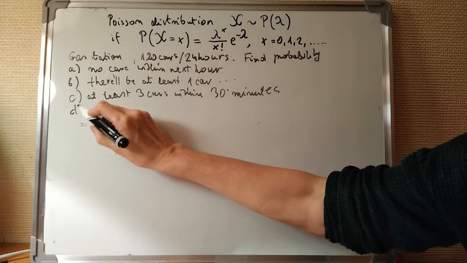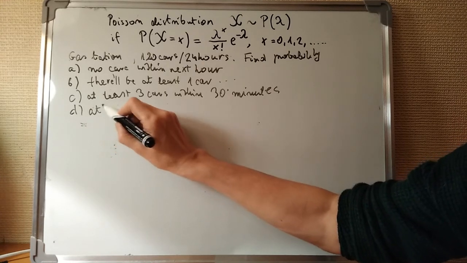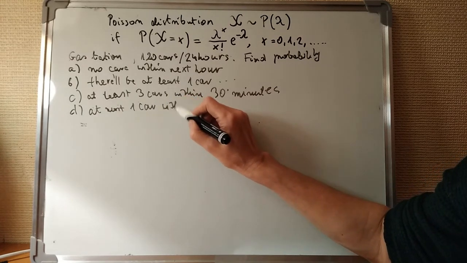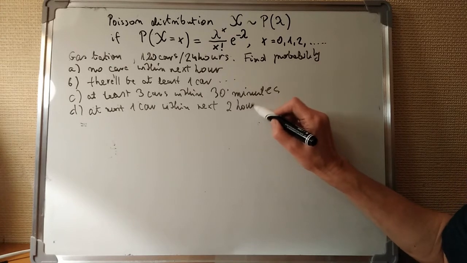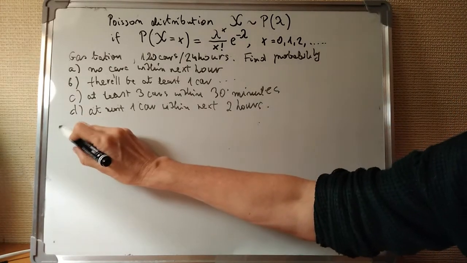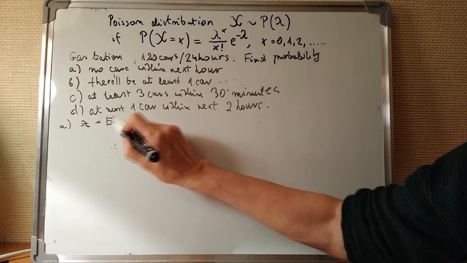So we have a different period of time now. D: at most 1 car within the next 2 hours. Okay, so question A. What is the expected value, the lambda value?